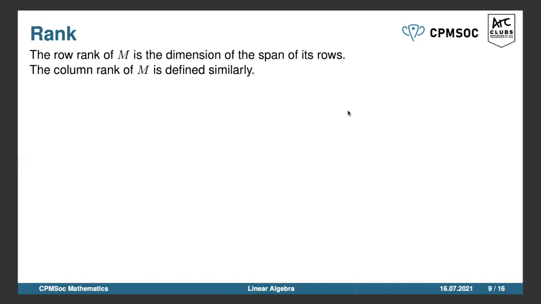There's only a certain number of directions you can get by combining the rows of the matrix, and there's only a certain number of directions you can get by combining the columns of the matrix. And in fact, it turns out that the number of different directions you can point in is going to be the same, whether you're looking at the rows or the columns.